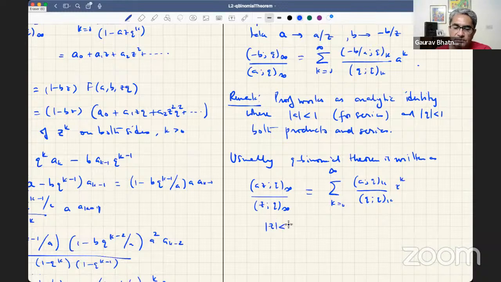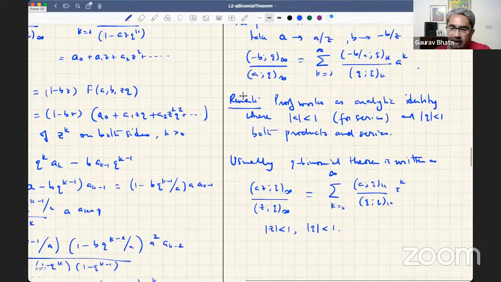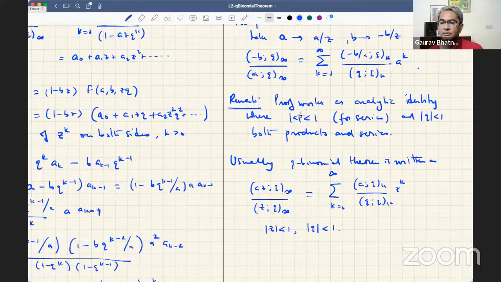This is for absolute value of z less than 1, absolute value of q less than 1. Ramanujan wrote it slightly differently. He liked to keep these products like this, and it's useful for us later to keep this form because we want to see what Ramanujan did.